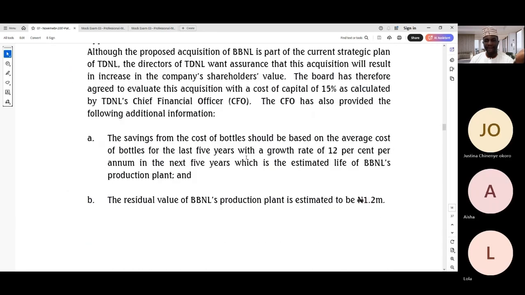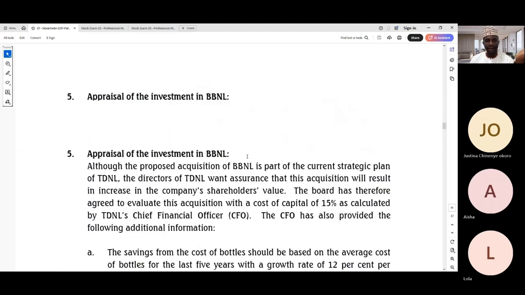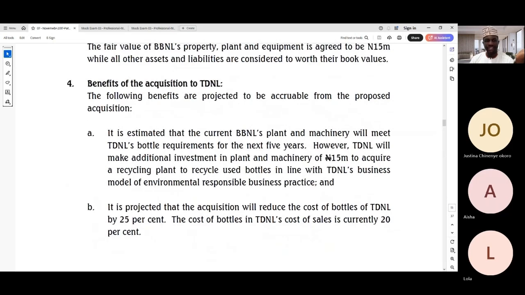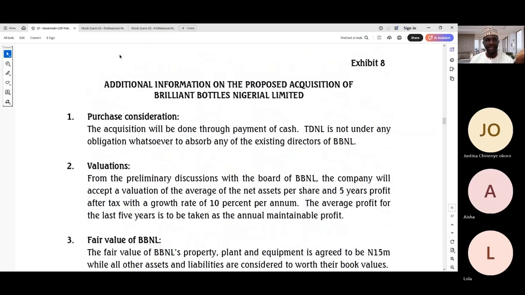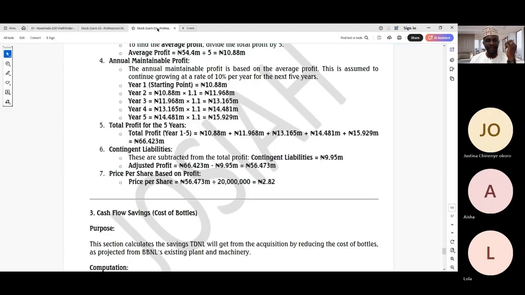So in making adequate provision for the contingent liabilities, we need to provide the amount for that contingent liabilities at 9.95 million. And that contingent liabilities was provided in the financial statements. If you look at BBNL's financial statement, you see contingent liabilities there.